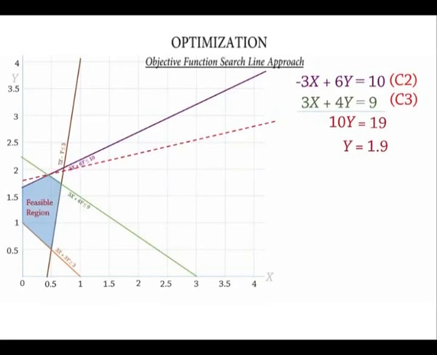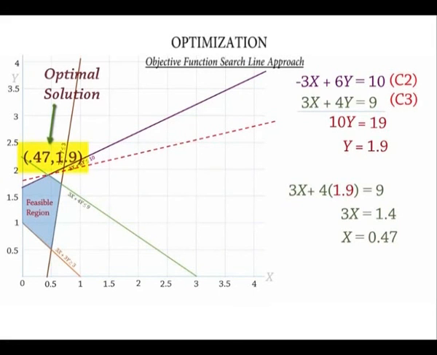Substituting that in 3, we have 3x plus 4 times 1.9 is equal to 9. 3x is equal to 1.4 and x is equal to 0.47. So the optimal solution is x is equal to 0.47, y is equal to 1.9.